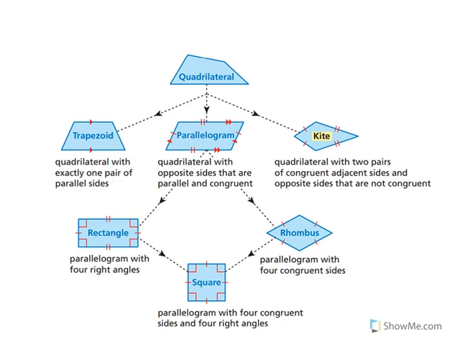So a parallelogram is a shape that has two sets of parallel sides, two sets of congruent sides, and two sets of congruent angles. Okay, so again, the opposite sides are going to be parallel. The opposite sides are equal, and the opposite angles are congruent.